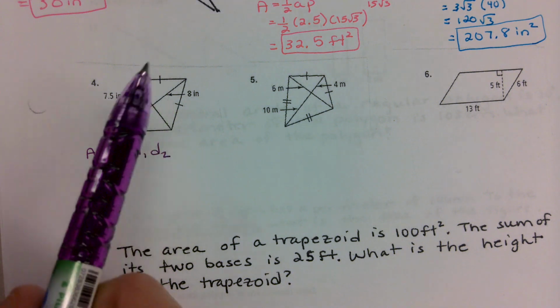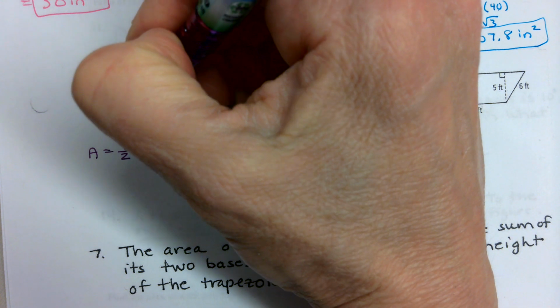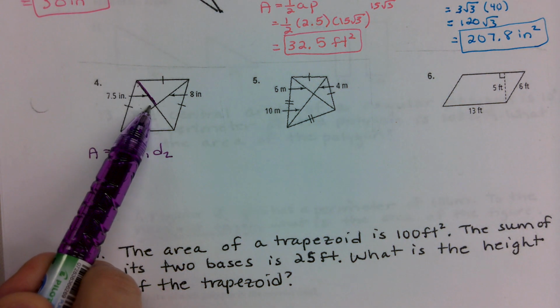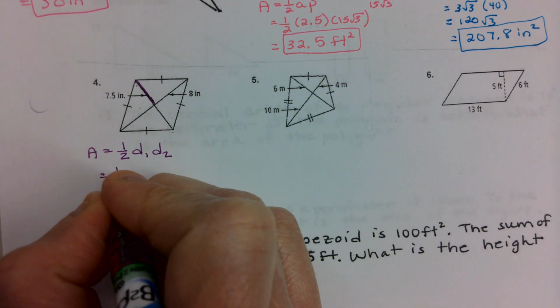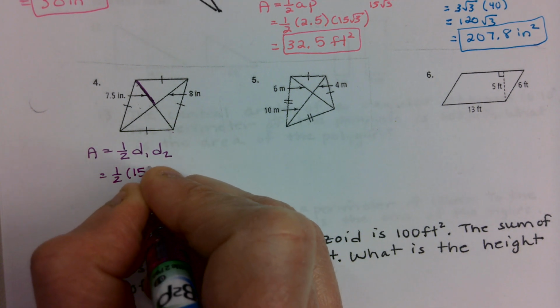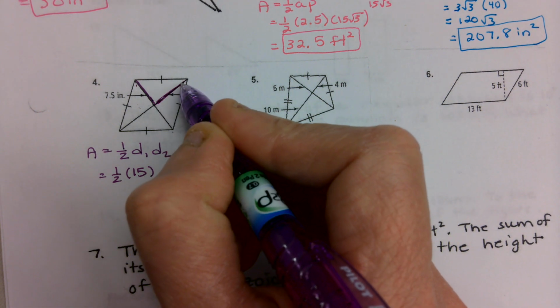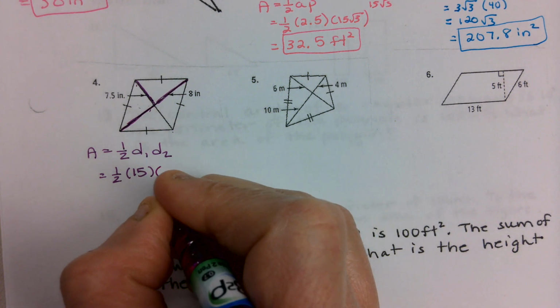In this particular instance, this 7.5 is just this part right there. So we actually have 7.5 plus 7.5, so that'd be 15 for one of the diagonals. And here, this 8 is this part. So again, I have another 8 right here, so that's 16.